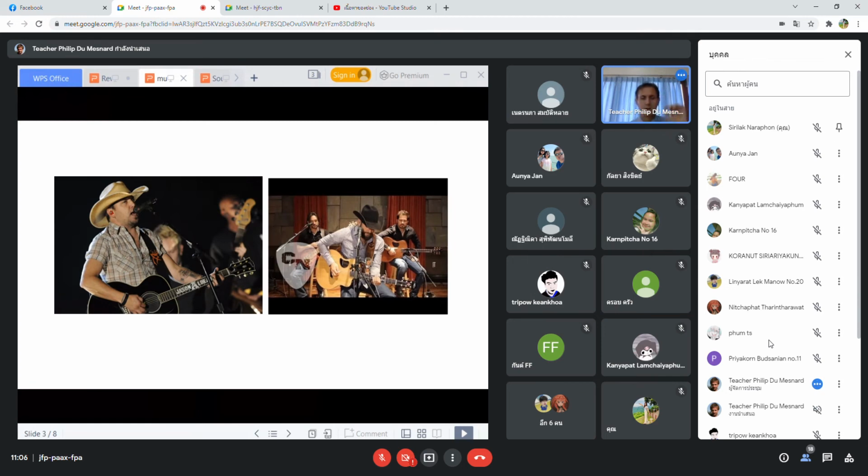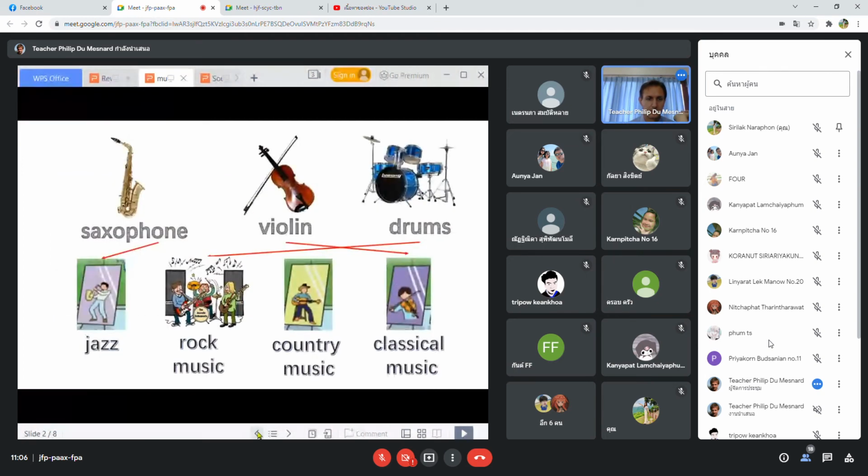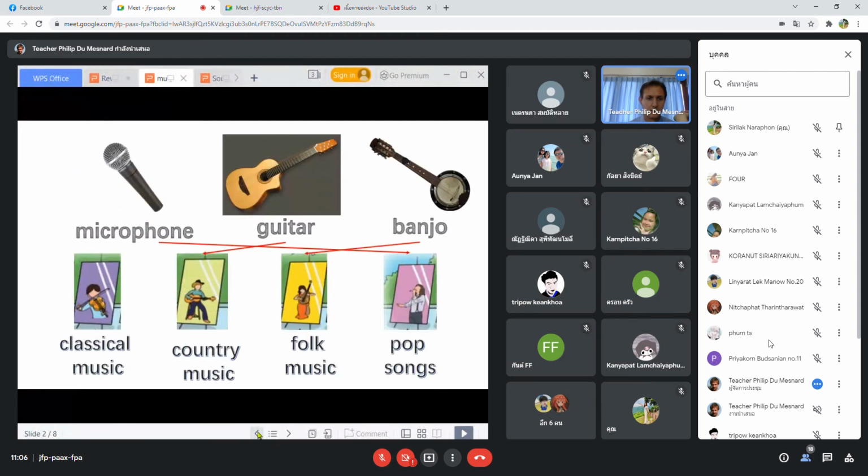Cartoon 1, can you tell me, can you see a musical instrument? Is that a piano? So let's go back. So I see a guitar and I see microphone. That's the two I see, guitar and microphone.